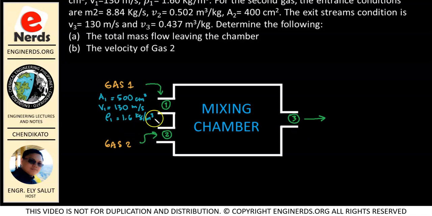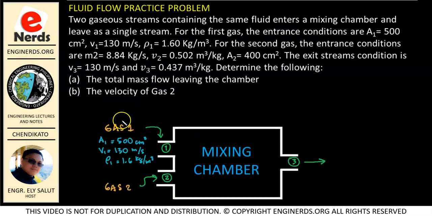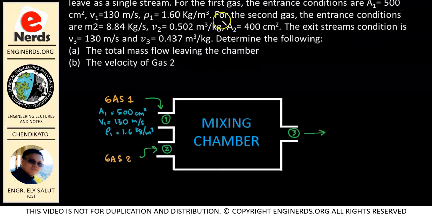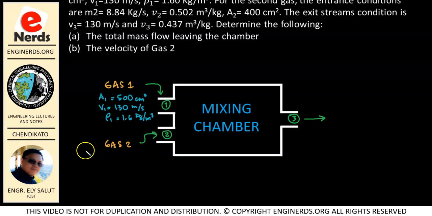Alright, so sulatin natin yung mga conditions sa ating stream 2, yung gas 2 natin. So, sabi dito, for the second gas, the entrance conditions are, so, our mass 2. So, yung mass flow rate ng ating gas is, we have here, 8.84 kilogram per second.